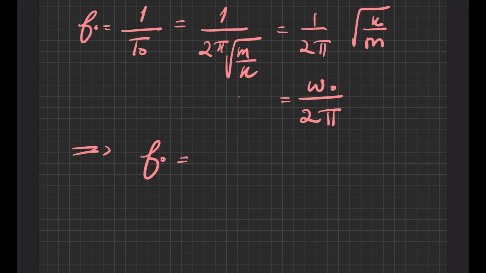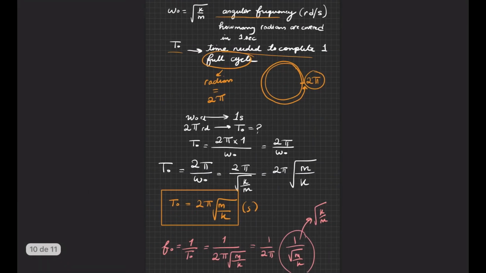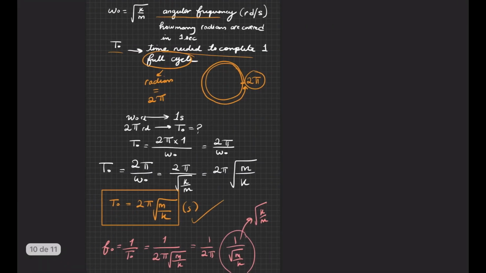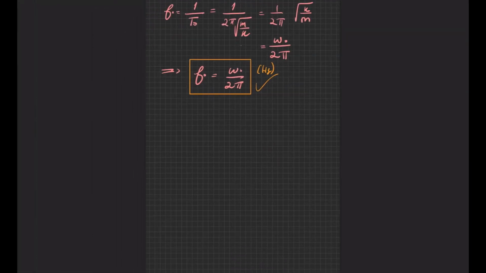So f0 equals omega 0 over 2 pi. Let's put it in a nice rectangle as well. Now we got the characteristics of this oscillatory motion. We have the proper frequency, which is in hertz, and we have the proper period.